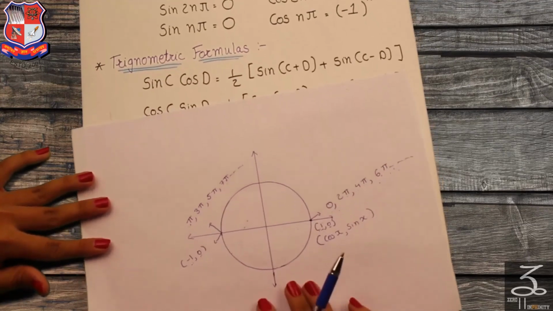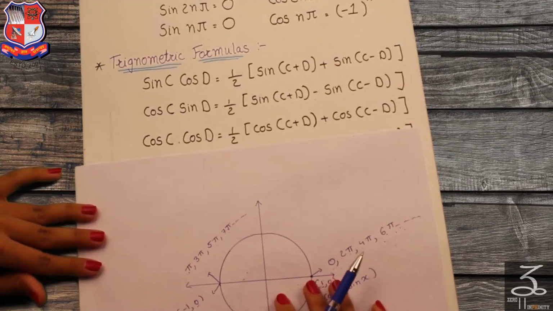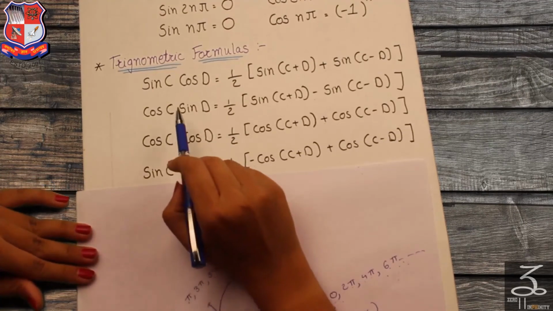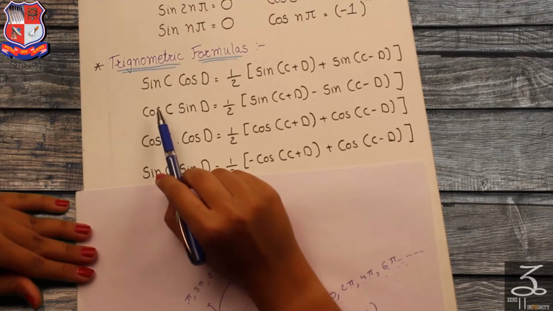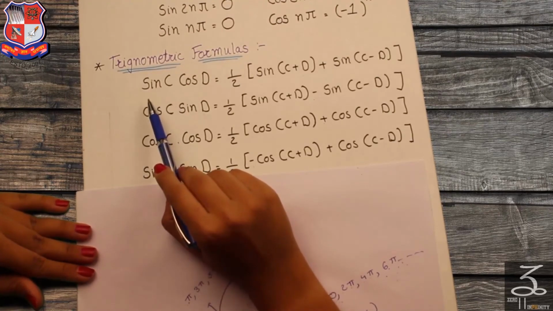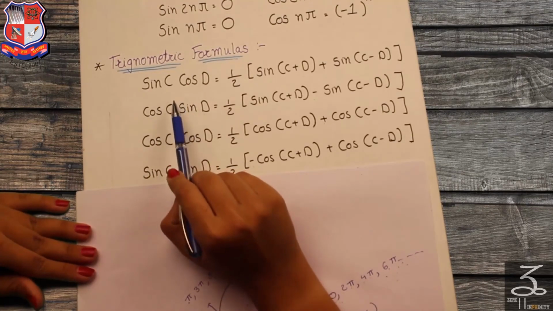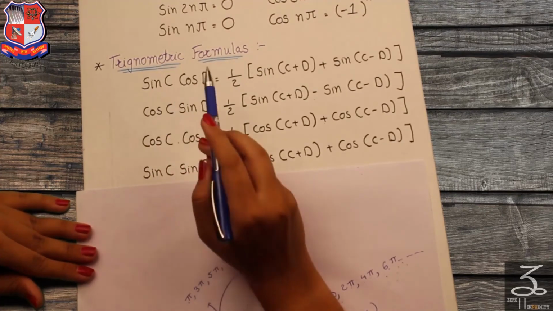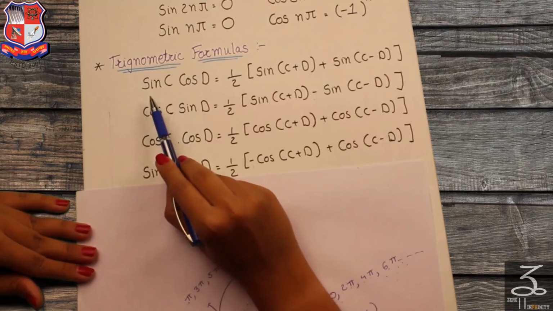Okay. Last but not the least, the most important portion is the trigonometric formulas that are used in Fourier series. Some of the important formulas that you studied before. The formulas are sin c cos d, that is the multiplication of two trigonometric functions with different angles.